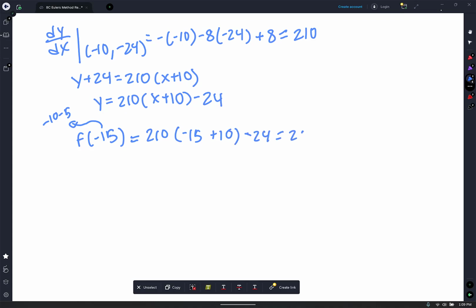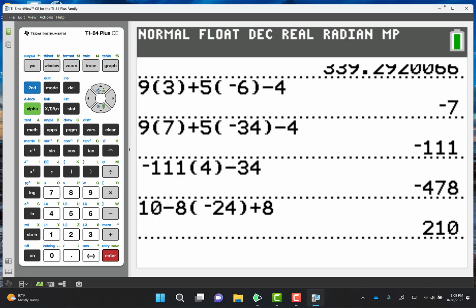So that's 210 times... well, I should put a little approximation sign. Minus 24. So I'm actually going to put that in the calculator because I do not know what that is.